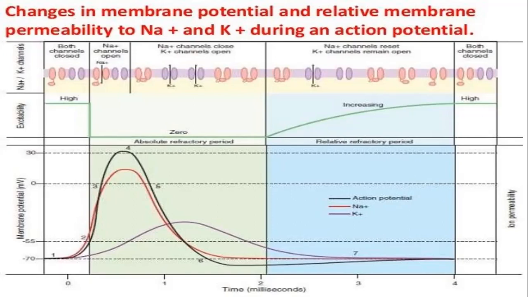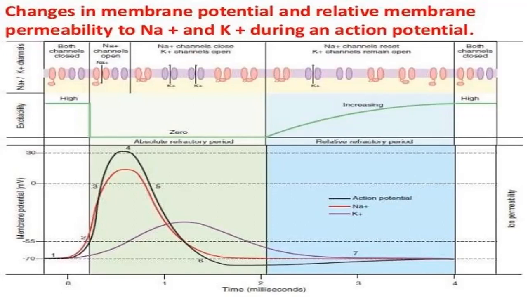Decreasing the external sodium concentration reduces the size of the action potential, but has little effect on the resting membrane potential. In contrast, since the resting membrane potential is close to the equilibrium potential for potassium, changes in the external concentration of potassium ions can have major effects on the resting membrane potential.